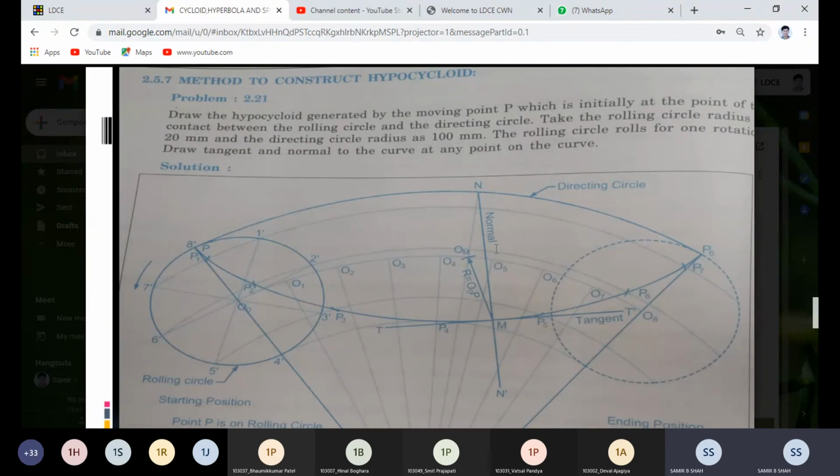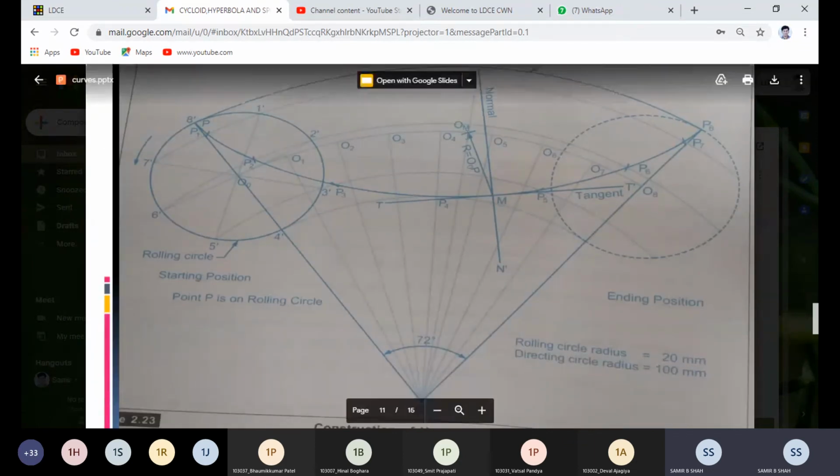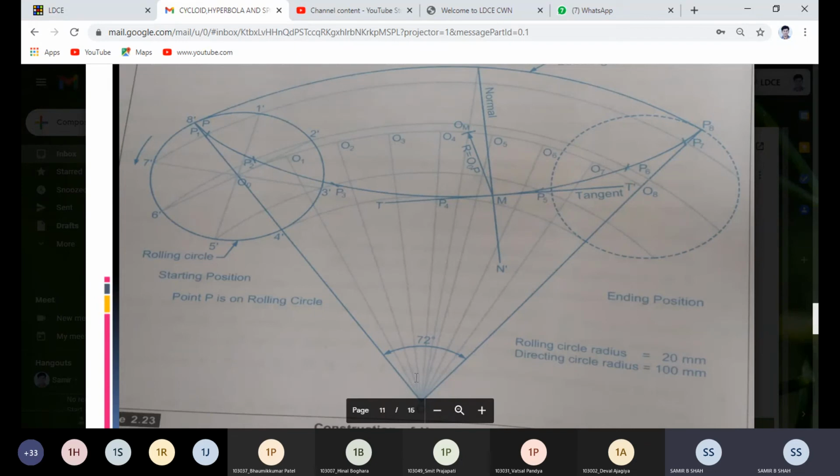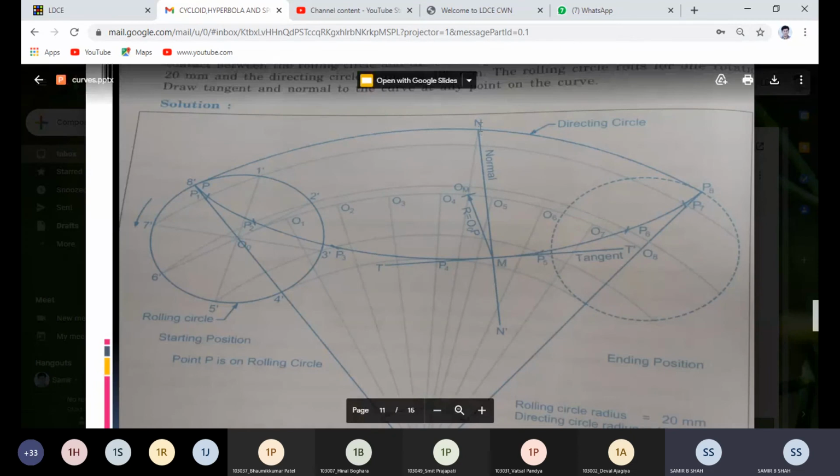Draw the line OMO by joining the points OM with O. Extend the line OMO until it intersects the directing line at N.